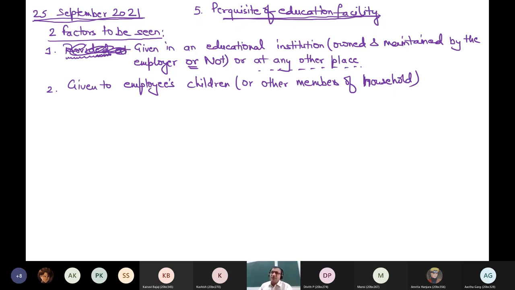Now when it is given, how do we compute the value? So this is how we compute the value. Computing the taxable value now.